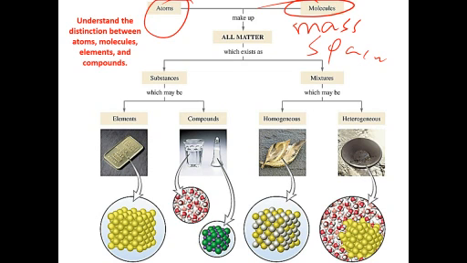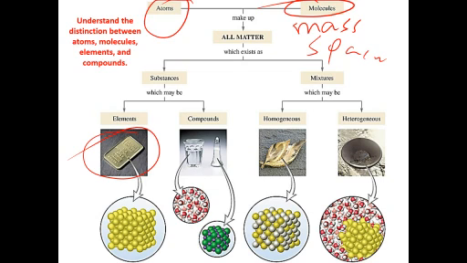So here you have gold. You have a gold bar as a solid, and it's made up of gold atoms. That gold atom retains the properties, the chemical properties, the identity of gold as an element. What about compounds?